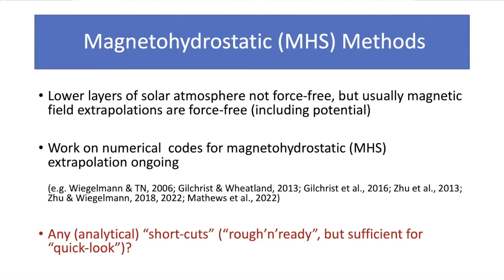If one has a high resolution magnetogram and wants to include these non-force-free layers, does anything change radically or not? Okay, so that's what I'm going to talk about in the next minutes or so.